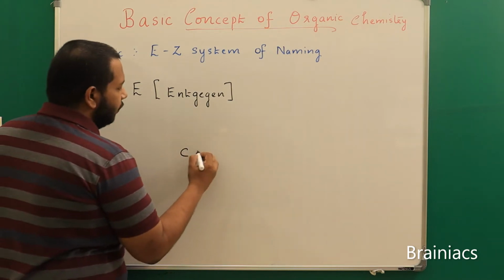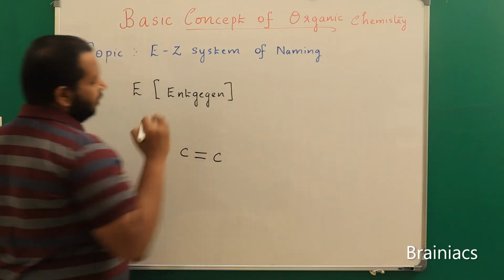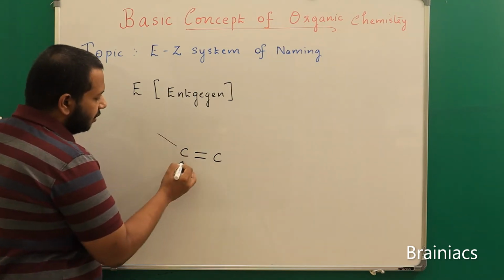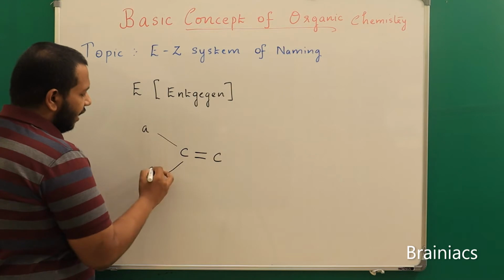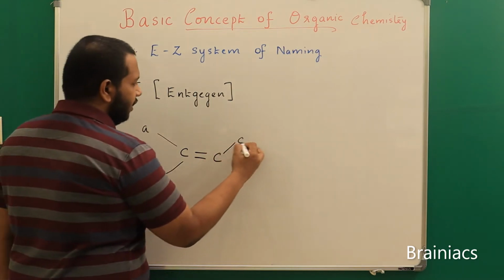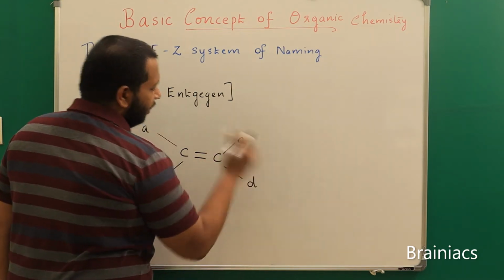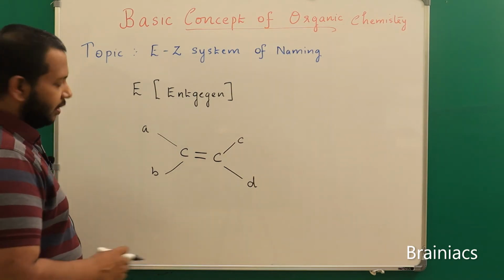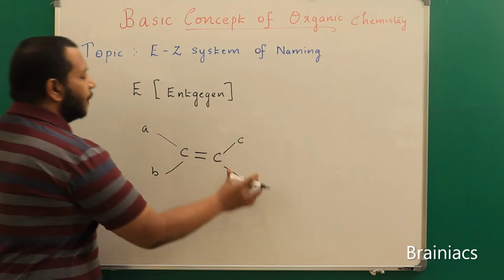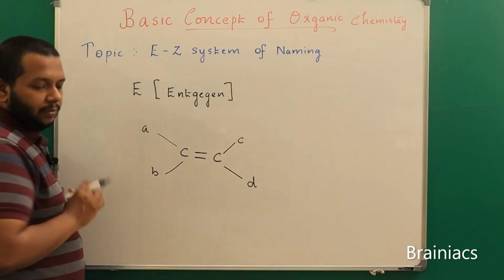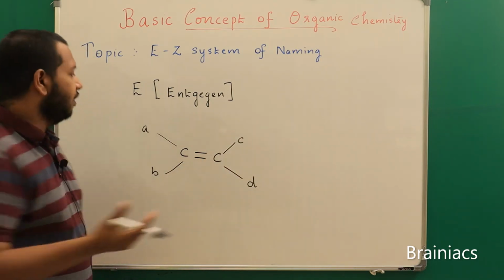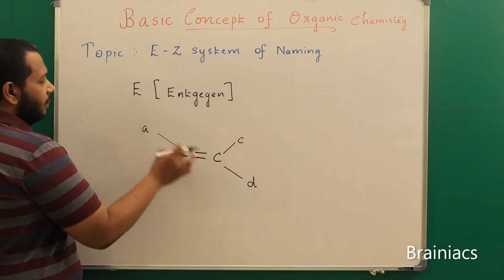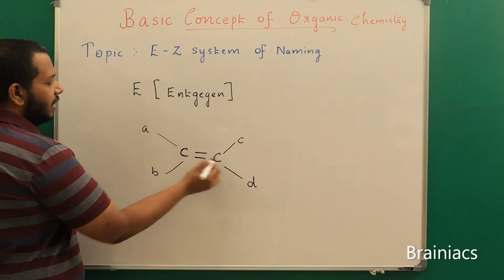So suppose you have C double bond C, and here you have A and this is B, and this is C and this is D. Assume all four are different. In this situation, I am going to assign priority. I will assign priority to the first carbon that is connected here, that means this is my first carbon across the double bond.